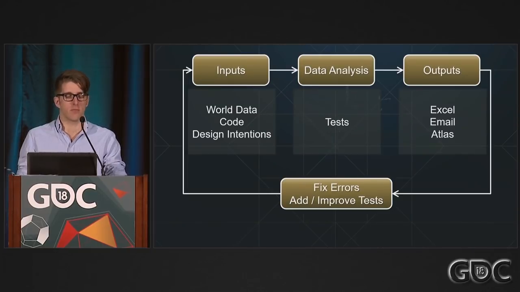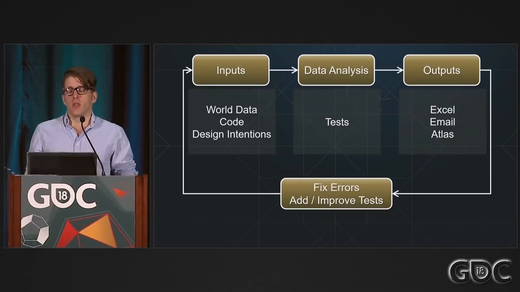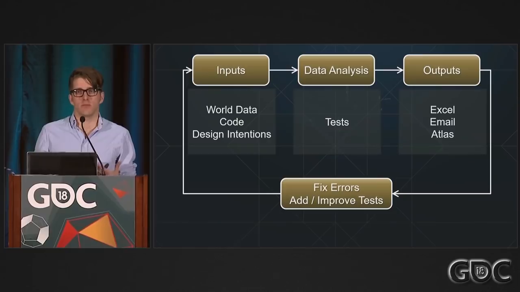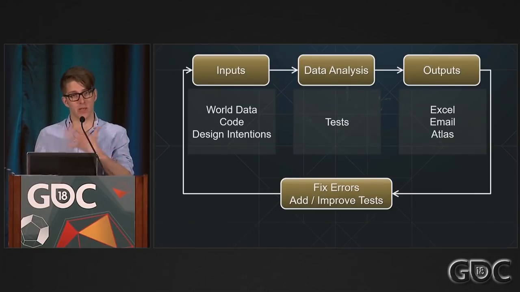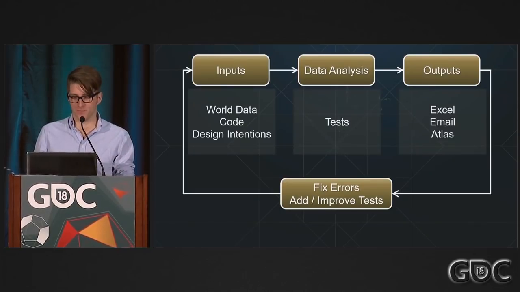In between, we fix the errors by going in and fixing the data or code. Then we improve our test, make sure that we output more information so that people can fix their problem more easily. But we also add more tests, because like we saw, we started with 4 gameplay ingredients and we ended up with 22. So we keep improving the test based on how the production goes.